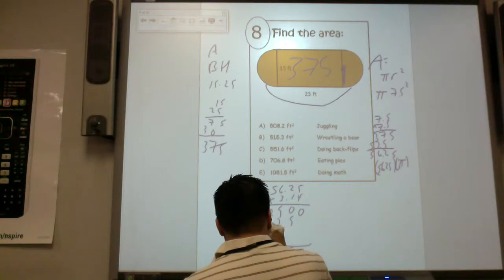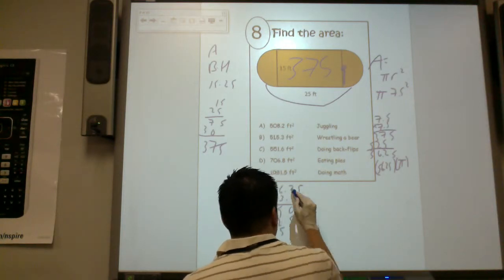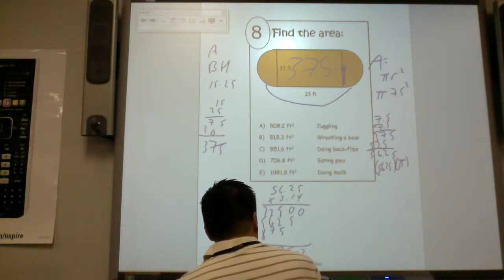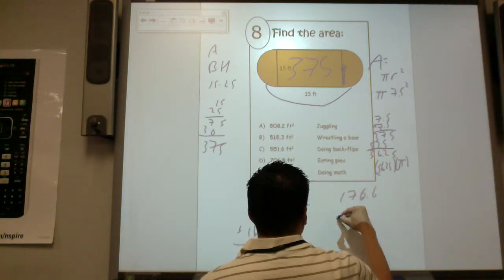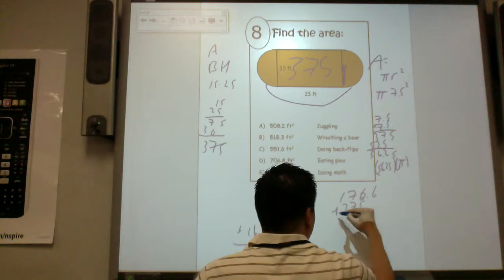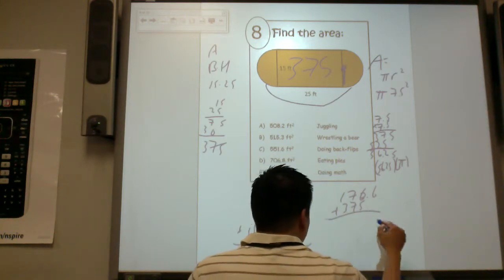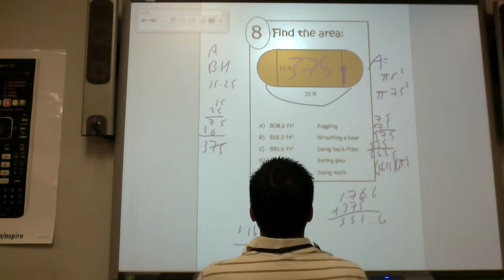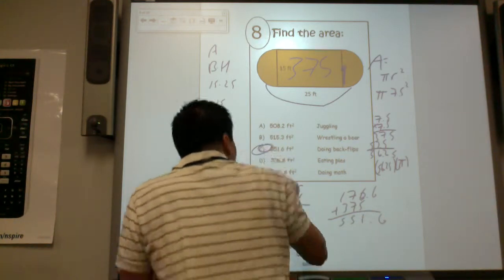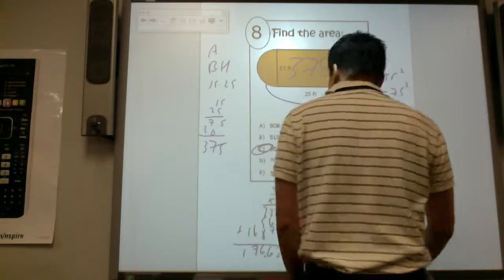So 4 numbers are behind a decimal. So it's 176 and let's round it 6 tenths plus 375 for the area of the square. Together, 551 and 6 tenths. Doing backflip is the answer.